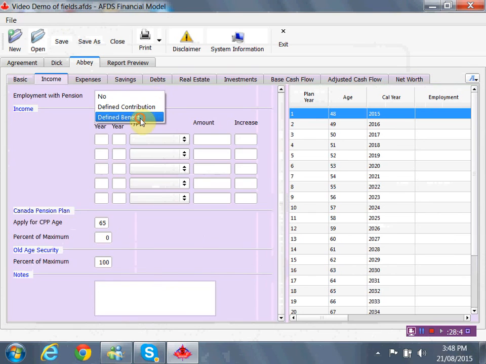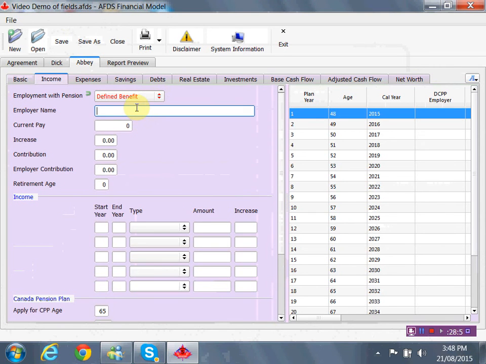So if she had a defined benefit plan, and her pay, and perhaps she's with the government and her wages have been frozen. So here's her contribution to the pension plan, her employer's contribution, and when she thinks she's going to retire.